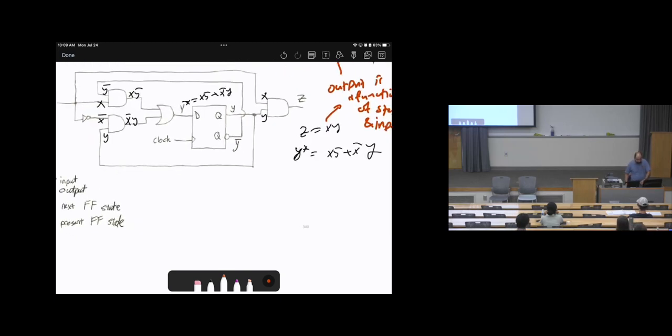So how can we do this? If you follow the textbook, sometimes you can do it using K-maps. Sometimes what I prefer, when I do it, is not to use K-maps.